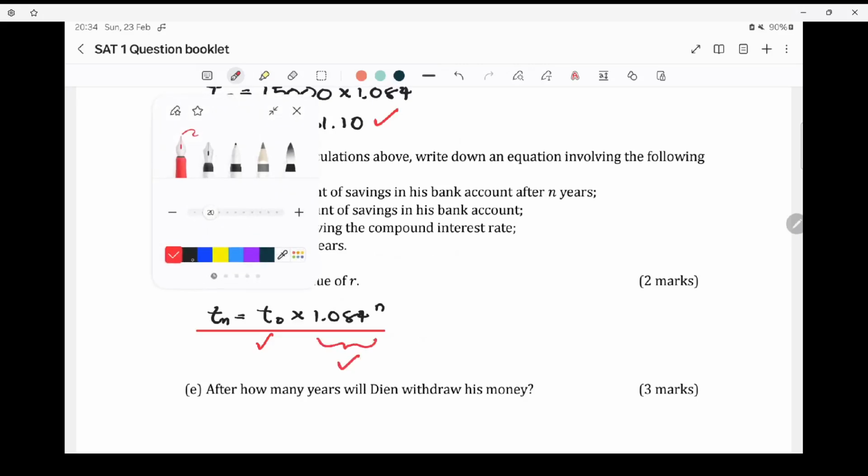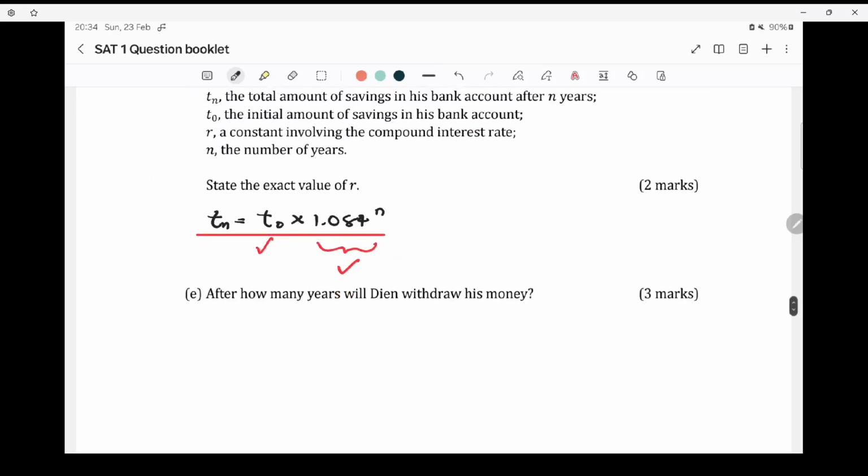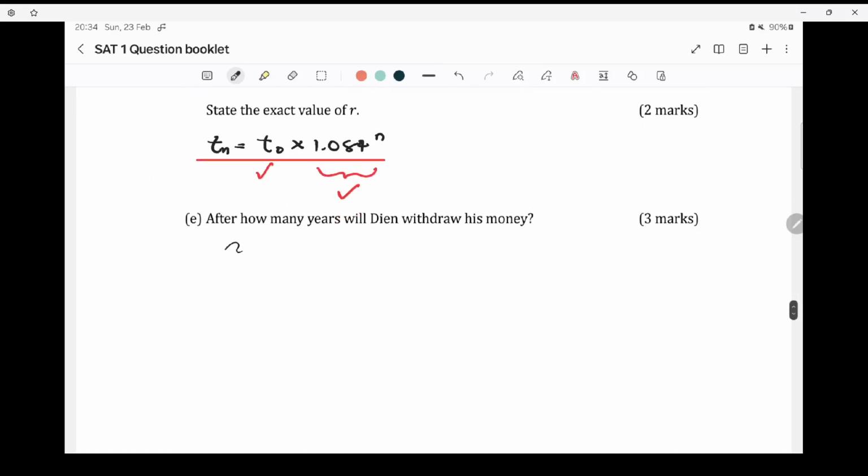So after how many years will he withdraw the money? So 15000 times 1.084 to the power n has to be greater than 25000.